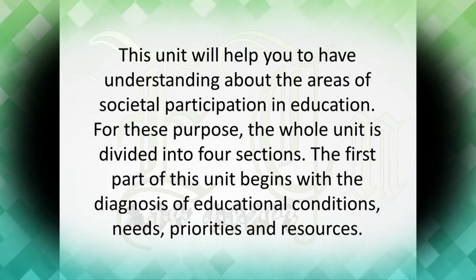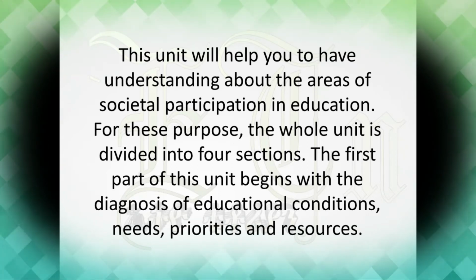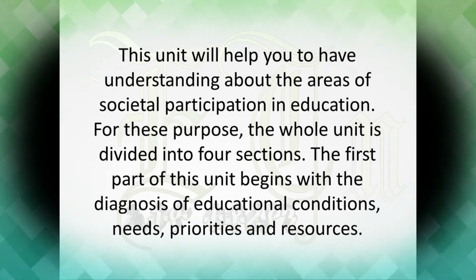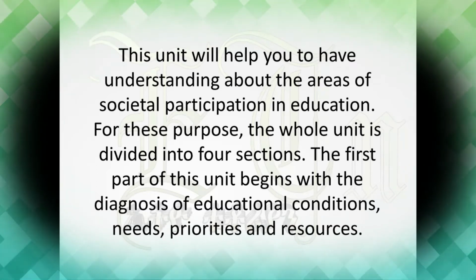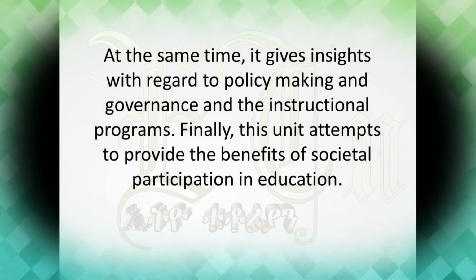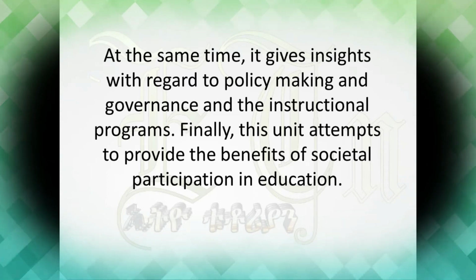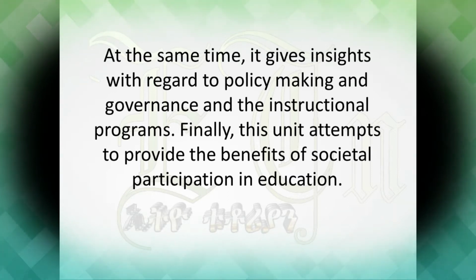For this purpose, the whole unit is divided into 4 sections. The first part of this unit begins with the diagnosis of educational conditions, needs, priorities and resources. At the same time, it gives insights with regard to policy making and governance and the instructional programs.